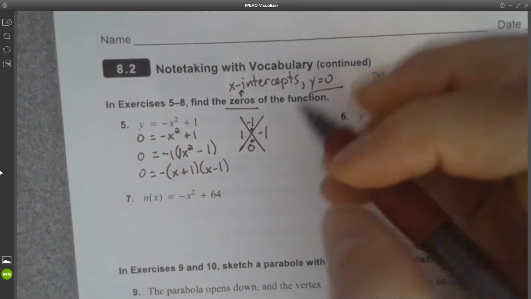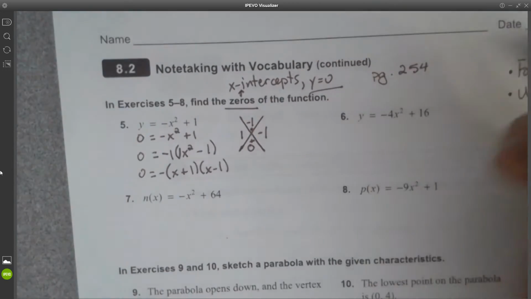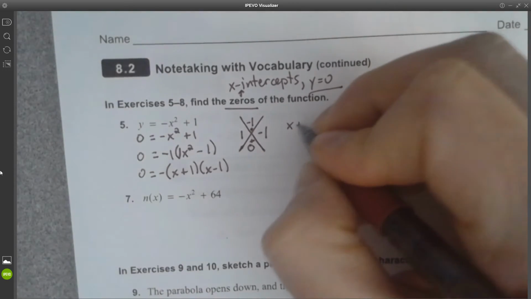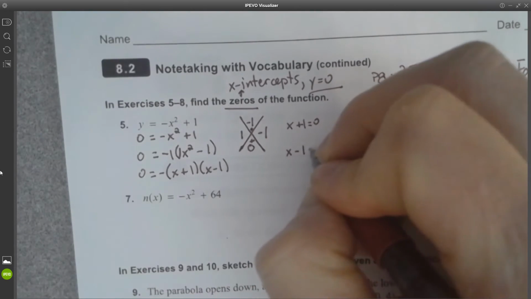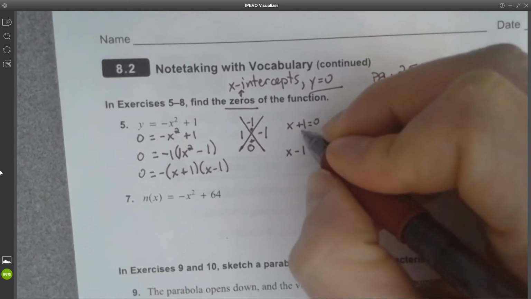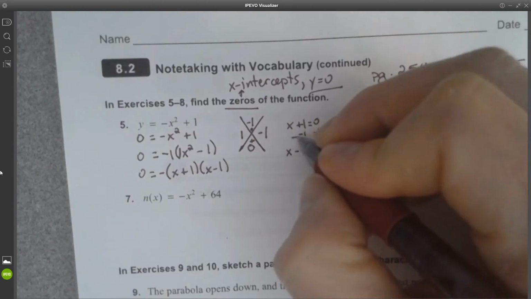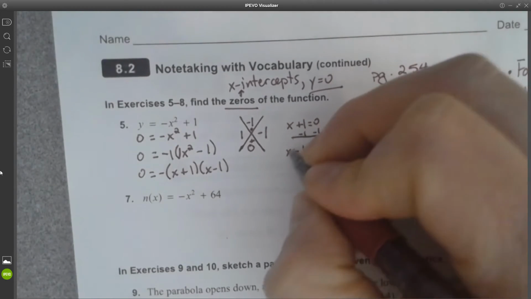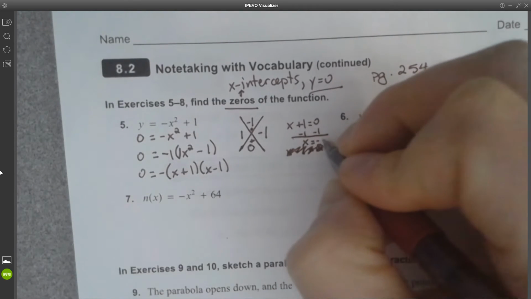From here, we would have to set each equal to 0. So I would have x plus 1 equals 0, and also x minus 1 equals 0. If I subtract 1 from both sides, it gives me a solution of x equals negative 1.